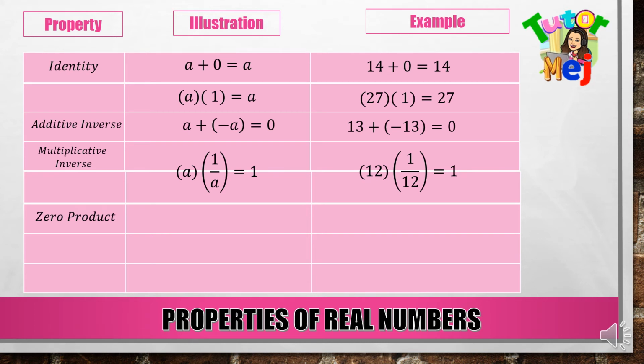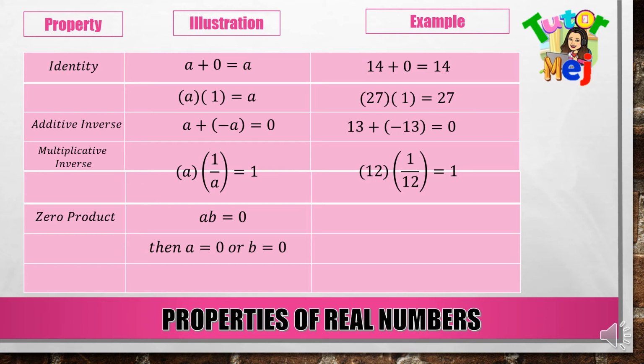Zero product. Okay, ito na ang ating panghuli na property. Pag sinabing zero product, of course, yung sagot ay 0 pag may pinagmultiply ka na real numbers. So, AB equals 0, wherein A is equal to 0 or B is equal to 0. Siyempre, kapag hindi 0 yung A at B, hindi 0 ang sagot.